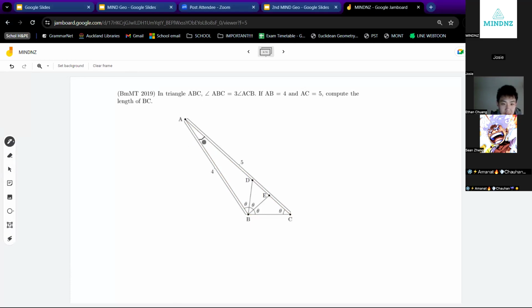So this angle here would be 180 minus 3 theta minus theta, which is 180 minus 4 theta. Okay, and then we can also find this angle right here.